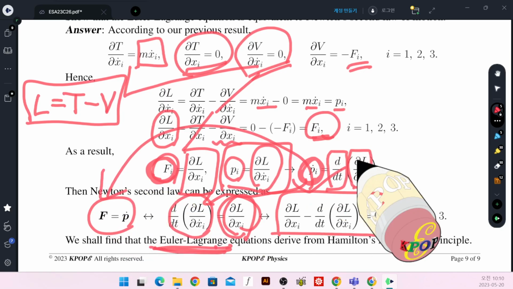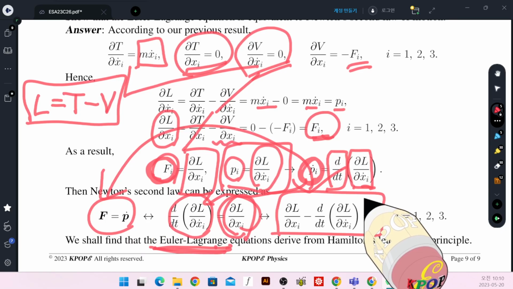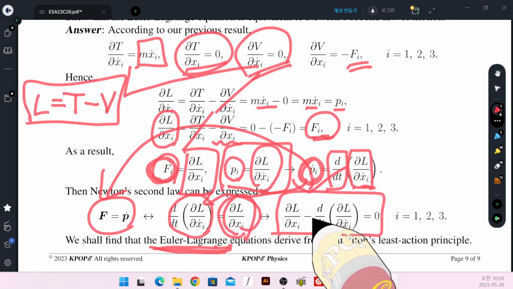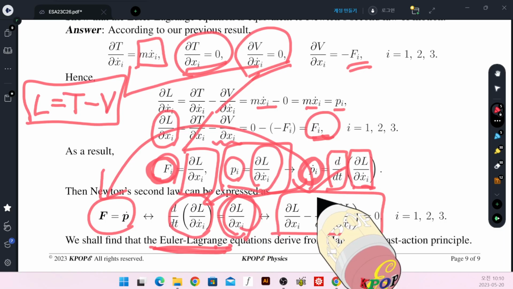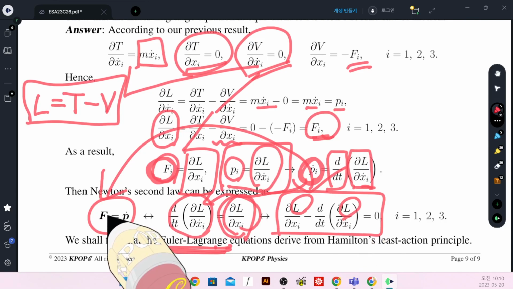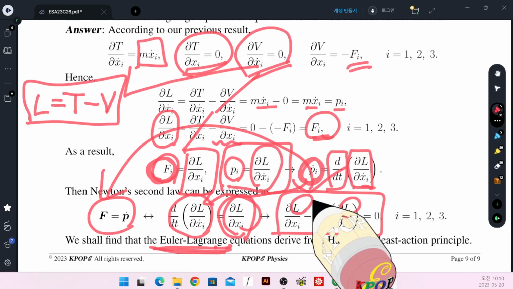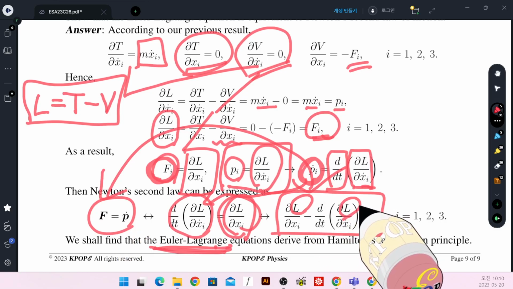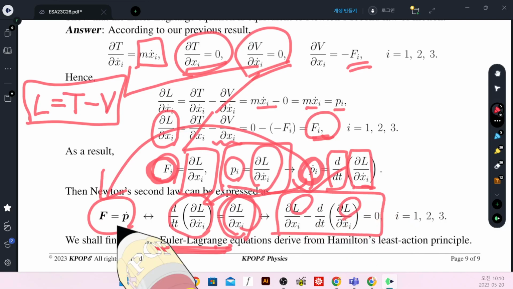And this Euler-Lagrange equation is nothing but F equals ma. The big difference between the two theories, even though they are equivalent, is that Euler and Lagrange found that there is a single scalar function instead of a vector force field. From a single scalar function, we can derive the vector equation.